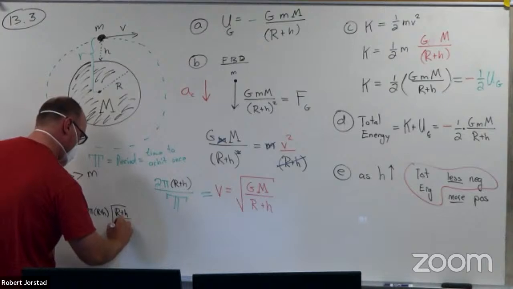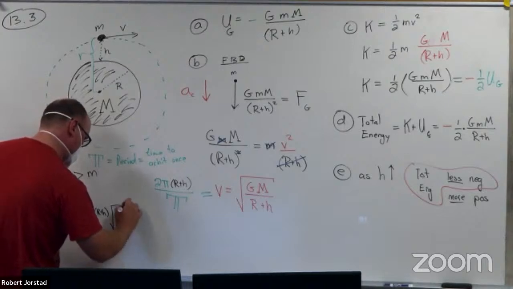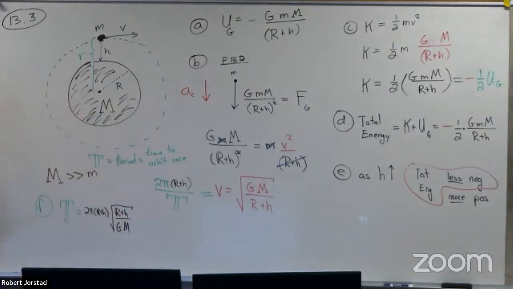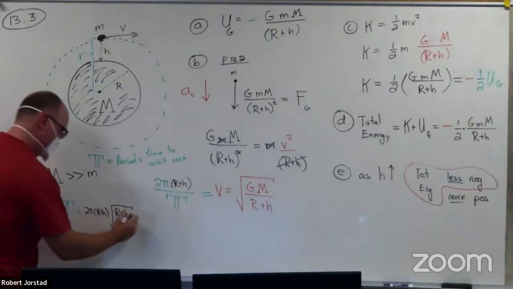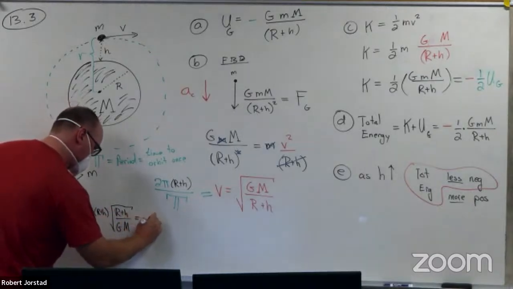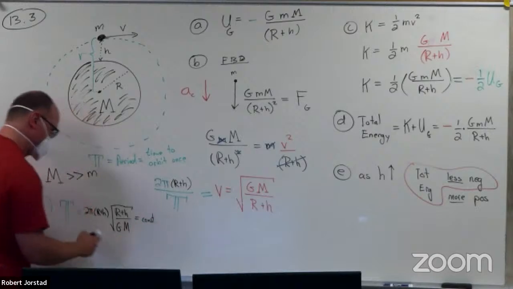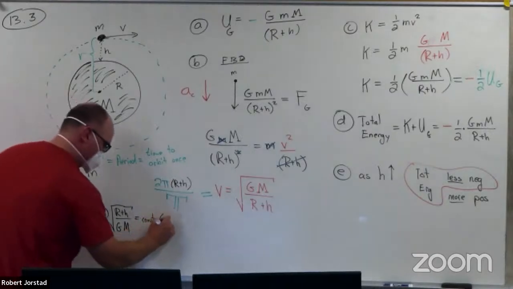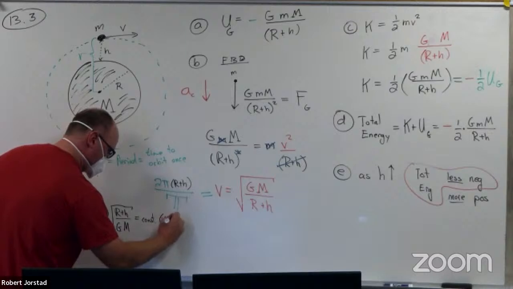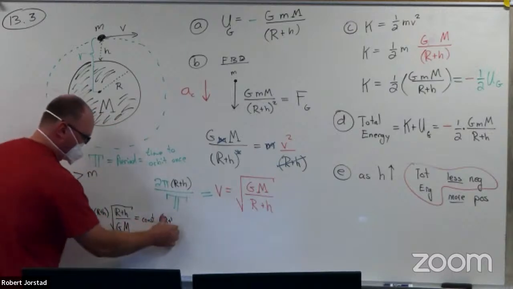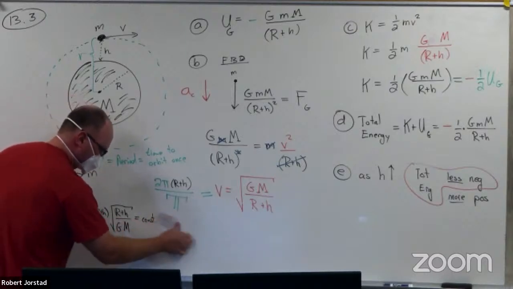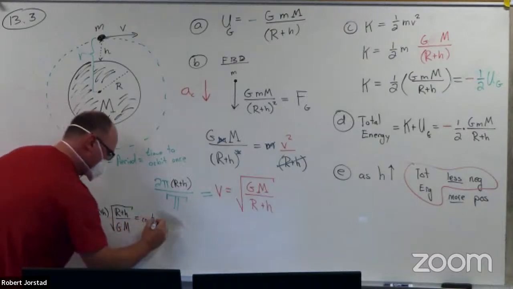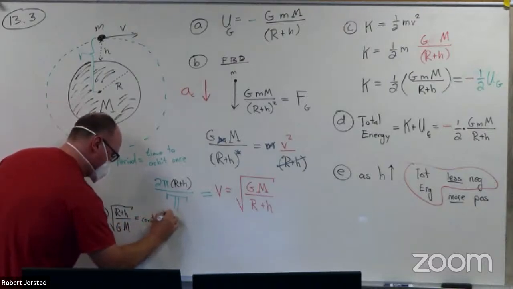Okay. Notice we could clean this up. It's some constant times r plus h. I'm just going to write that as some constant times r to the 3/2.